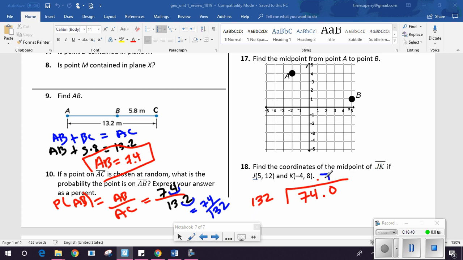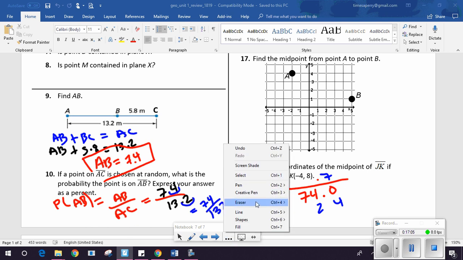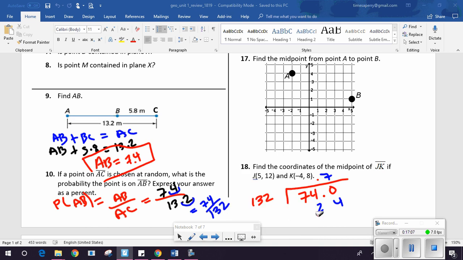Let's give that a try. 7 times 2 is 14. 7 times 3 is 21 plus 1 is 22. And then 7 times 1 is 7 plus 2 more is 9. So 7 is too big. So let's try 5.